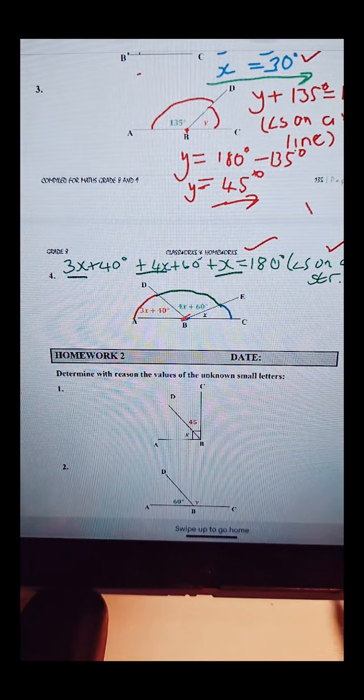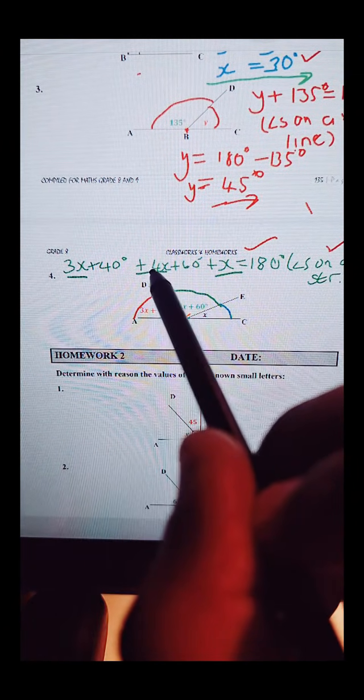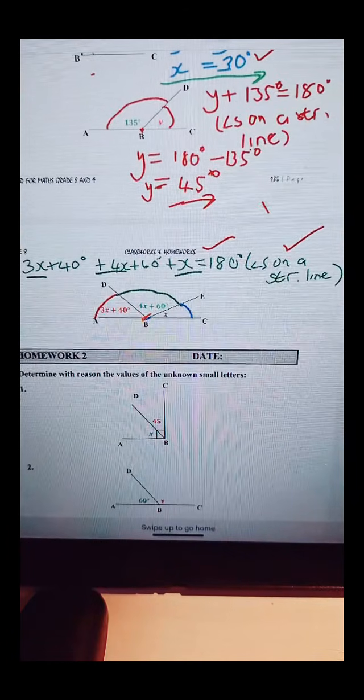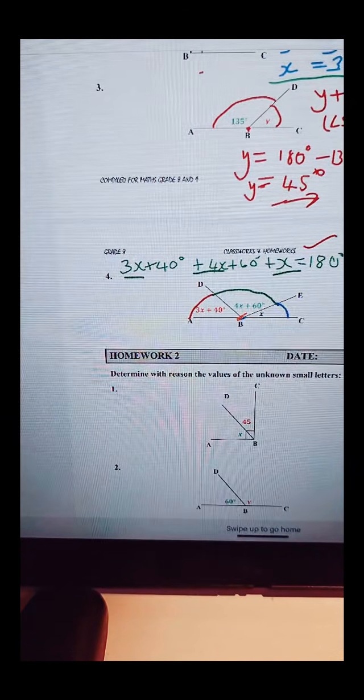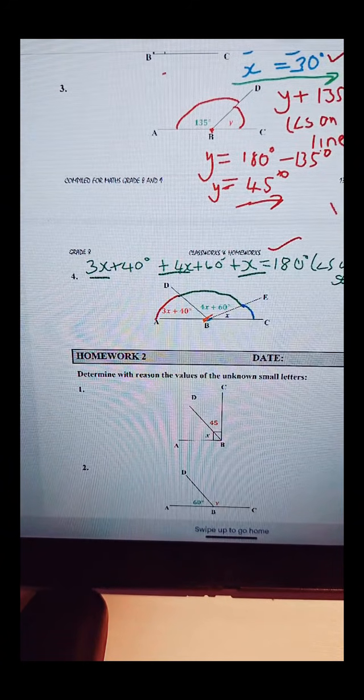What does that give us? We group the like terms together. What's 3x plus 4x plus x? What does that give me, guys? Anyone willing to tell me what's 3x plus 4x plus x?